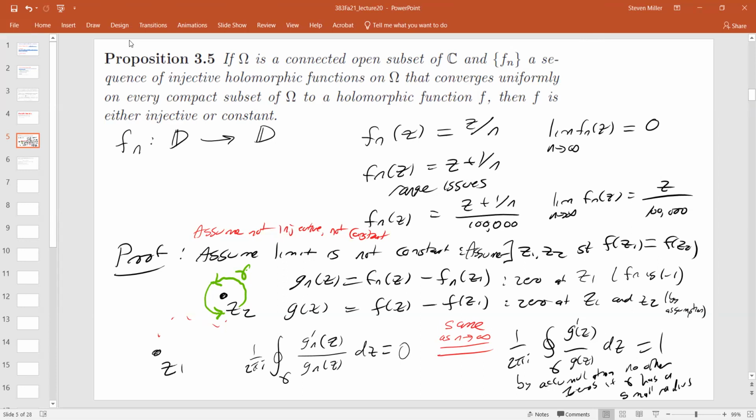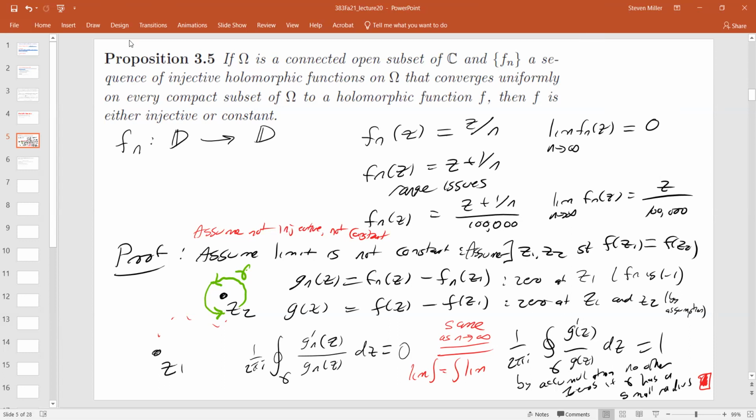Everything is well behaved. So the limit of the integral is the integral of the limit. And that's the proof. So this proves that if we have a sequence of injective holomorphic functions converging uniformly on compact sets, then the limit is either injective or constant.